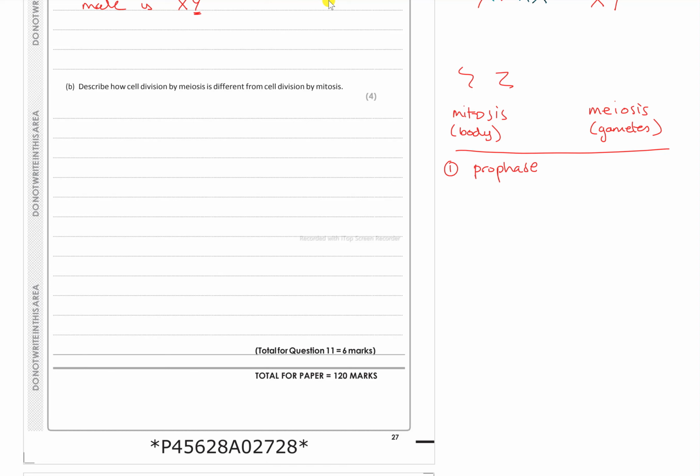So what happens is, this is where you get the chromatids duplicating or doubling up.